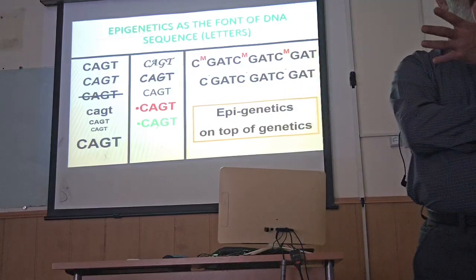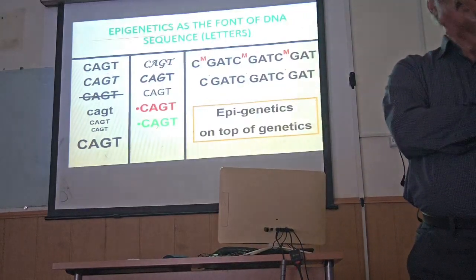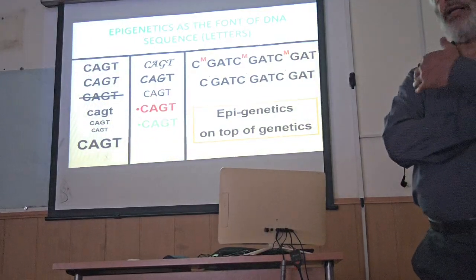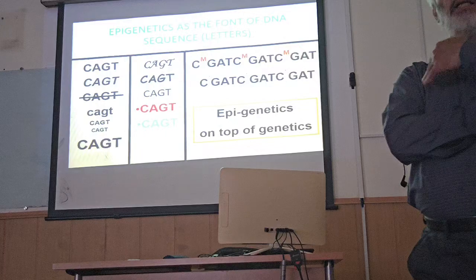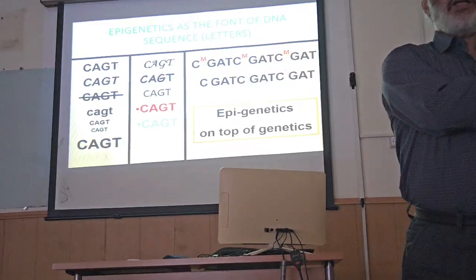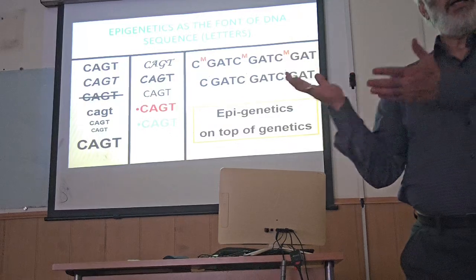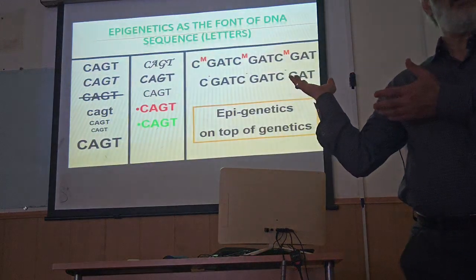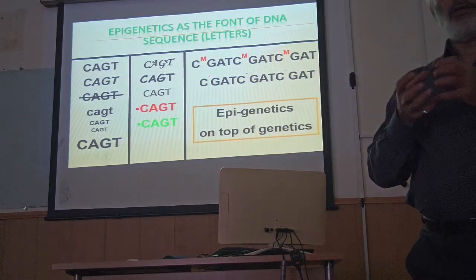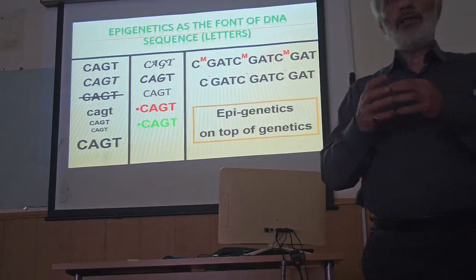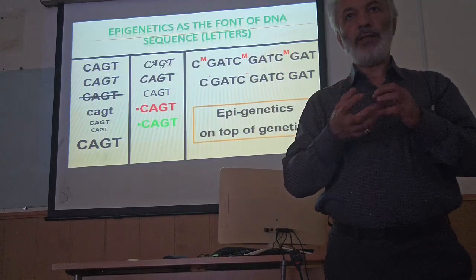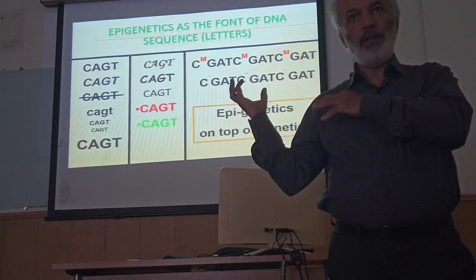The letters are the same, but how you can read it is different. Maybe you can read one font easier than the other font. The reading of these letters is different. Just changing the font, the color, the size, without changing the DNA sequence, the expression will be different.